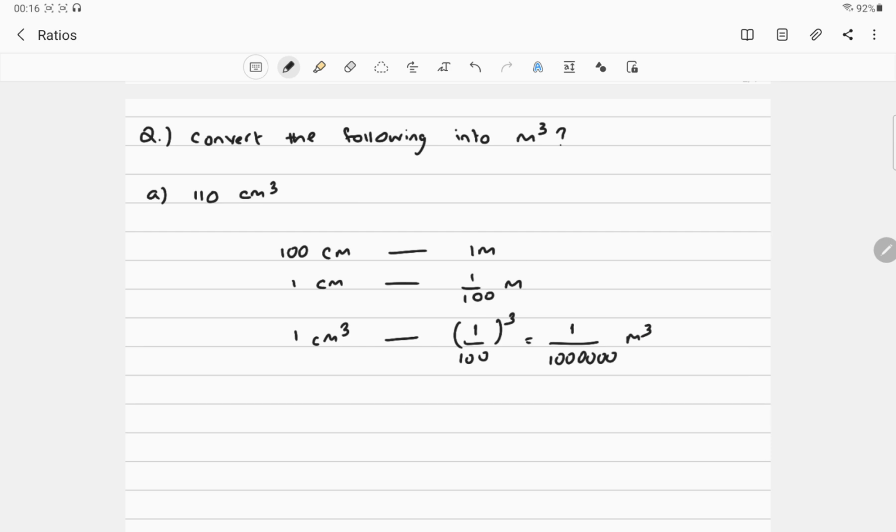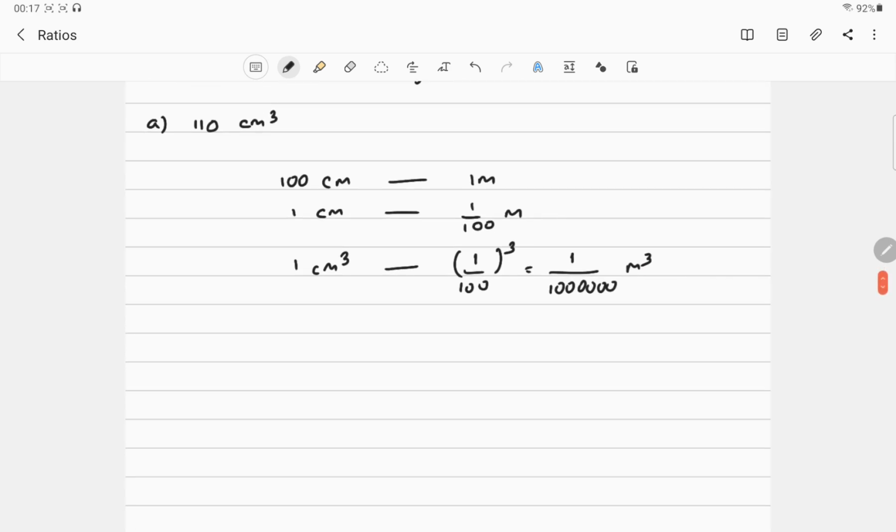That's a big number. So 110 centimeter cube then would be 1 upon 1,000,000 times 110, which is 11 upon 100,000.